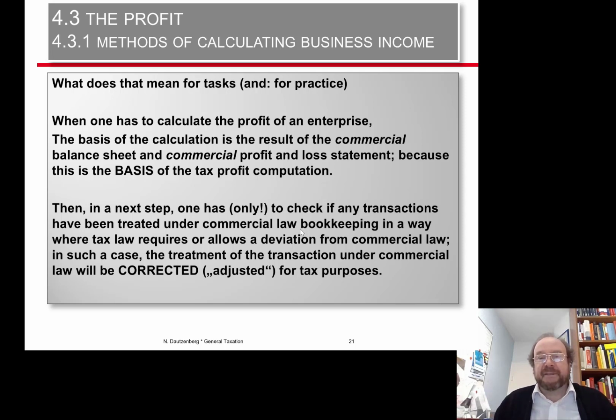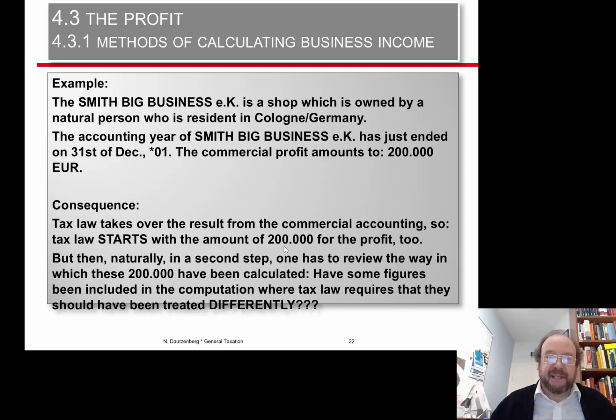That is sometimes the reason why people say that you have to make adjustments to the balance sheet or to the profit and loss statement. That just means if you have a commercial balance sheet and it can't remain the same, then you have to make a computation or a transitional computation where you make a list of what has to be changed. And then you arrive at your final result.